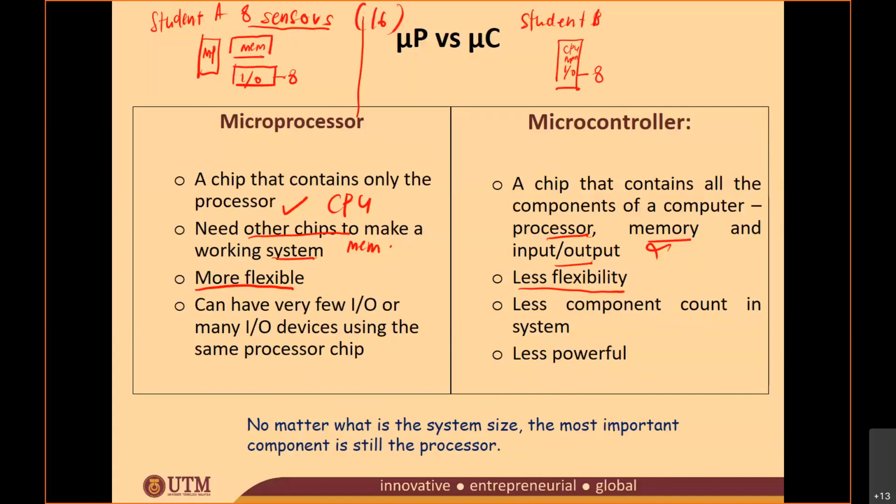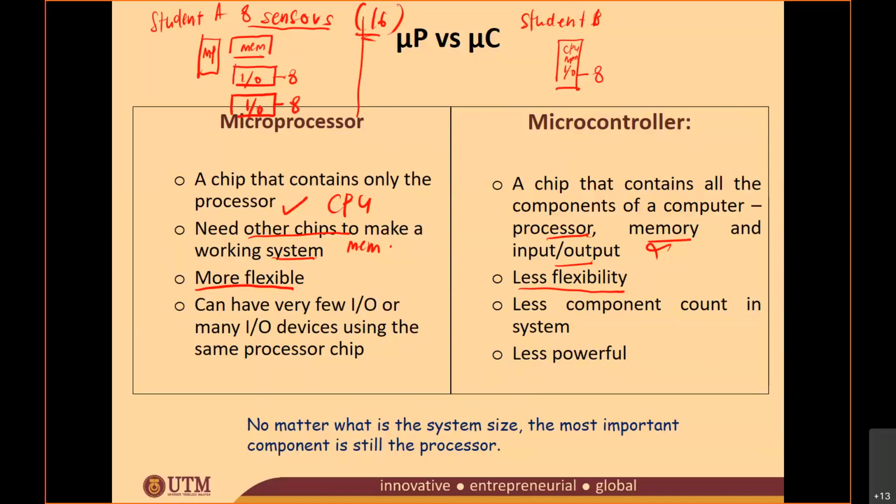So what happened to student A? Student A, apa yang dia perlu buat ialah dia hanya perlu tambah lagi I/O. Dia beli lagi I/O peripheral chips, which can support another 8 sensors input output. So kamu ada 8 tambah 8 dah boleh buat 16 input output ports.